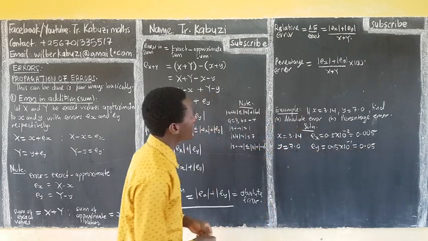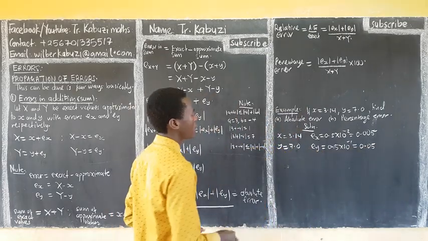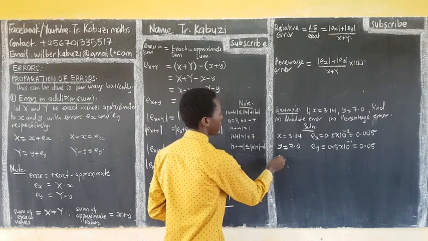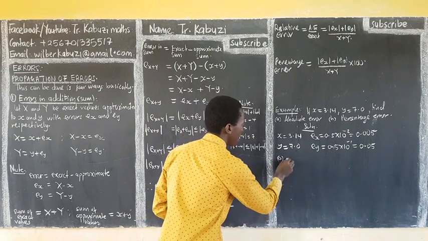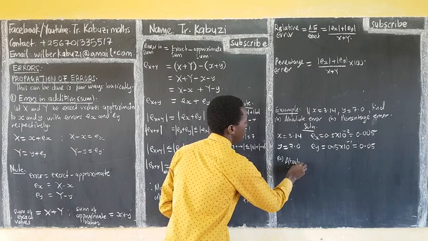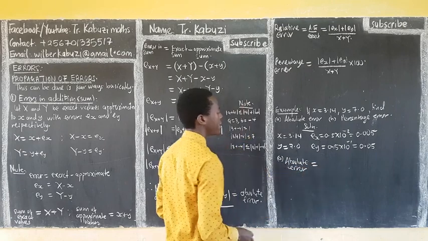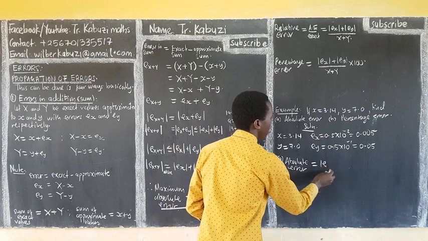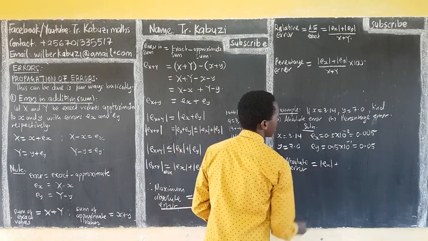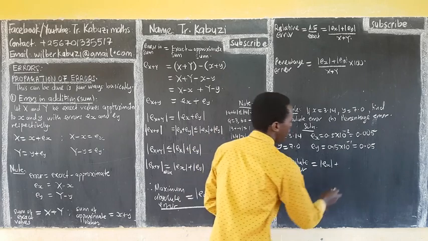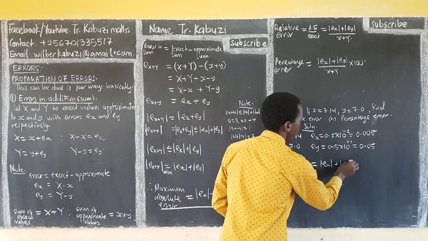It implies that now, if I want my absolute error, part A, I said you get the modulus of the error in x plus the modulus of the error in y.